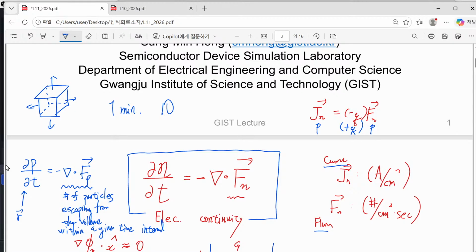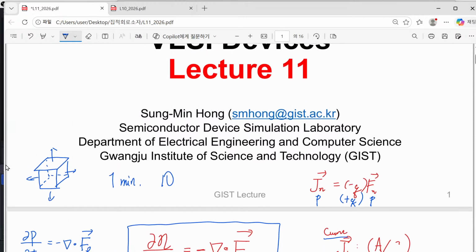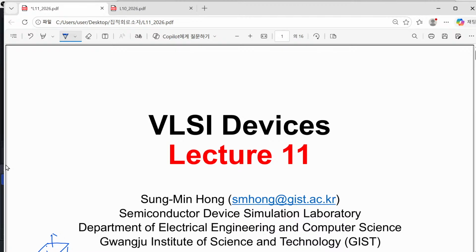No, it is also applicable for electrons. If electrons are escaping, then we will have fewer electrons. Is it also applicable for human population? Yes, if persons are escaping from a certain city or country, then the overall population of that city or that country will be reduced. Simply speaking, we can write down the general form.